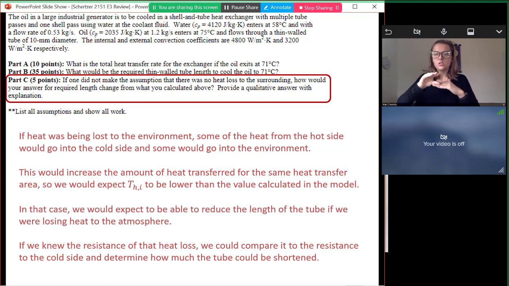You'd probably have to make some assumption or take a measurement of the temperature on the outside of that heat exchanger. Then you could find out how much heat you were losing to the environment, and that would go back into your first law part of the problem. That would let you know how much heat goes into the cold side. So then you'd get a different value for the temperature of the cold on the outlet.